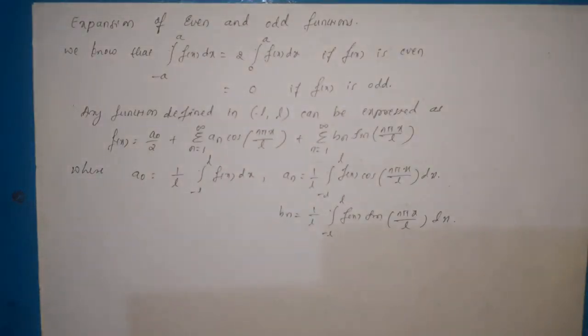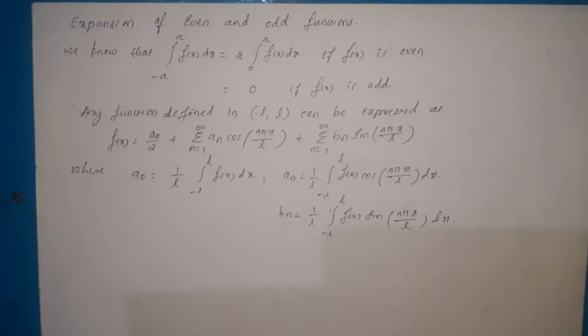And next, expansion of even and odd functions. So if the function is neither even nor odd, then we can expand that by using the general formula, that is for the interval a to b, right? But if the function is even or odd, meaning it follows the nature of even and odd functions, then we have some particular cases.